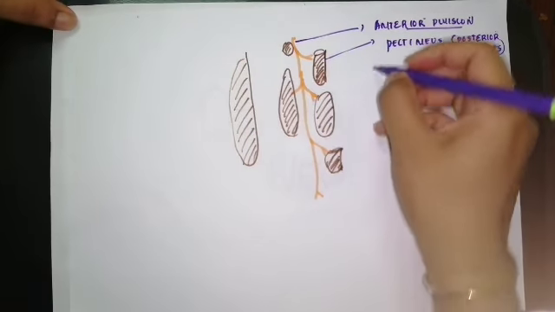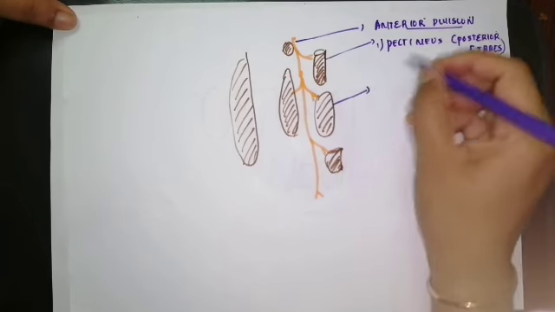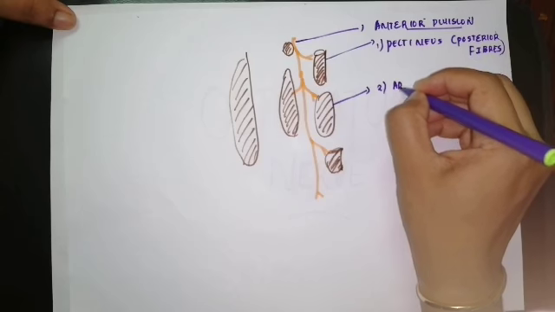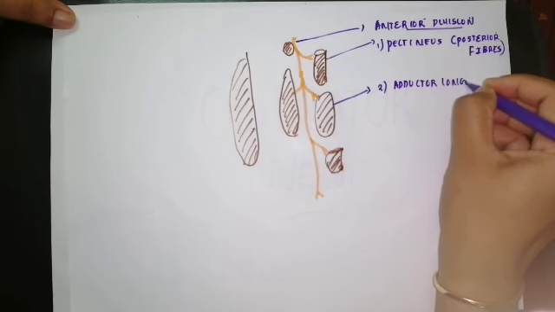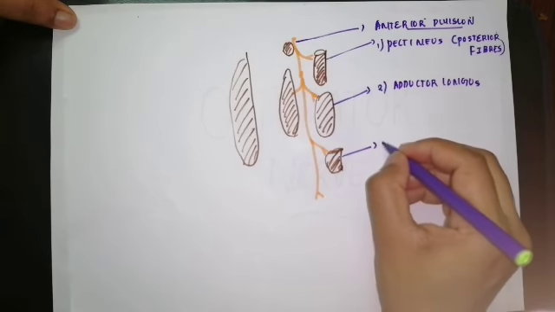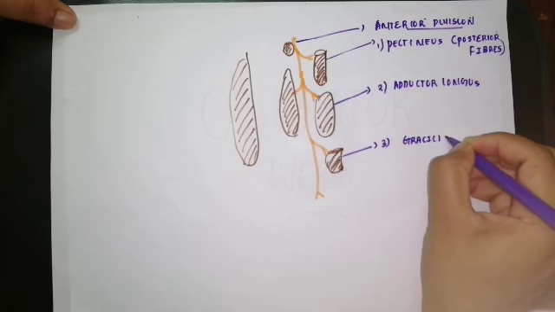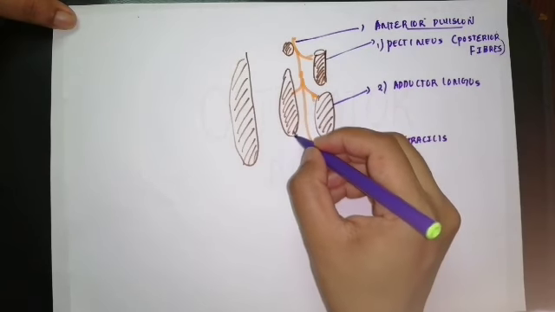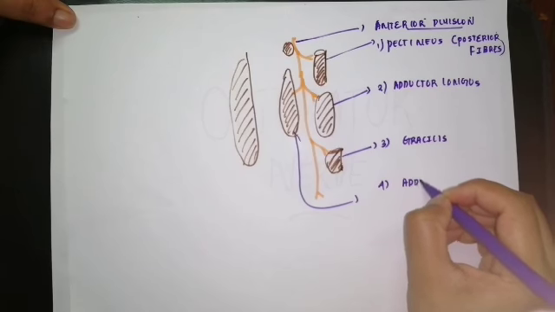Now which is other muscle supplied by the anterior division, this is the adductor longus. Now the third muscle is the gracilis muscle. And the fourth one you see here is the adductor brevis.